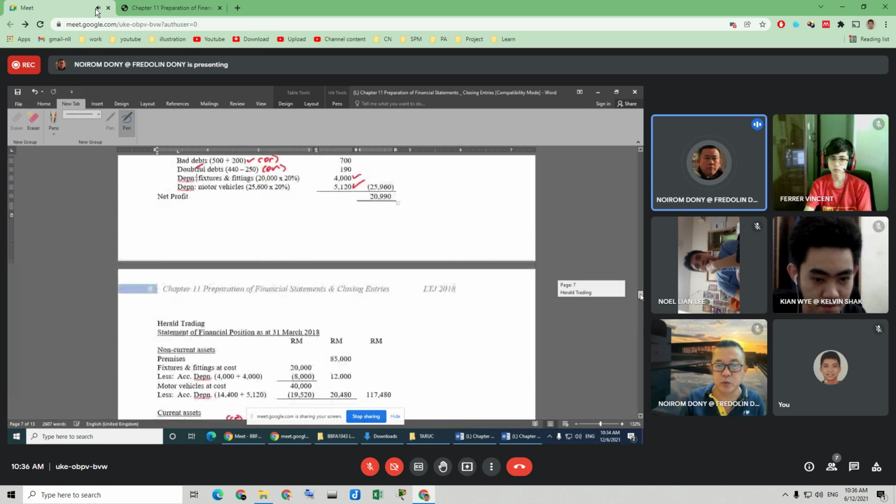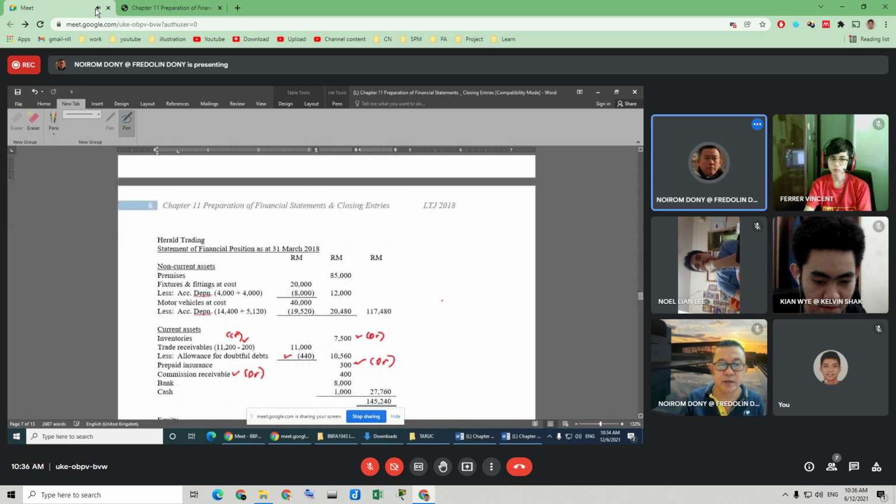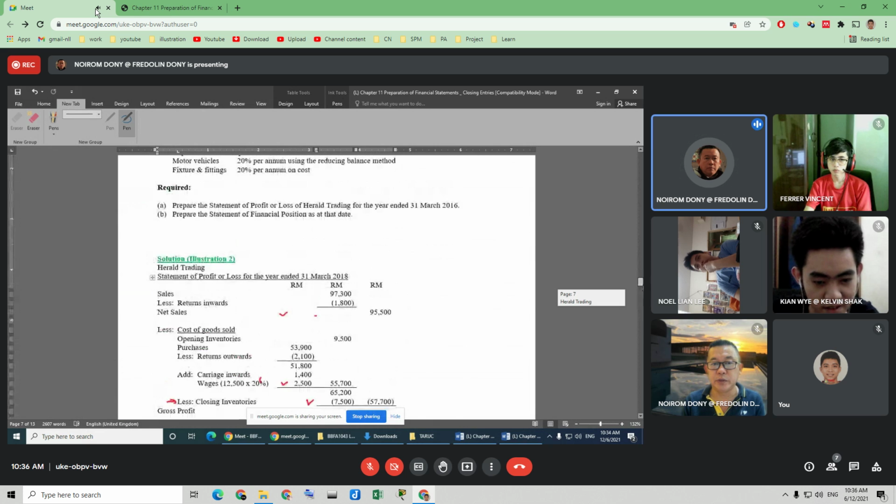The credit is when we record under this one, we plus 4,000, we plus 5,120. So this is credit because we have the opening balance from the trial balance, the opening balance for the accumulated depreciation. By adding, because this is a credit item, this is actually crediting. Adding is crediting. Plus 4,000 plus 5,120. So done.